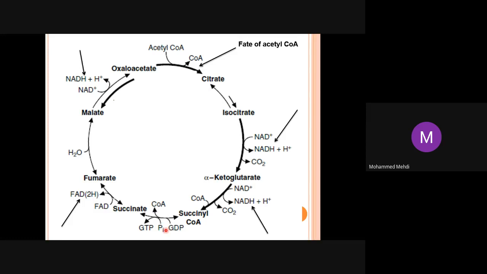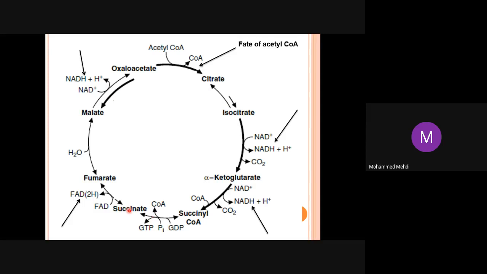Substrate level phosphorylation occurs here. As you know, substrate level phosphorylation occurs by high energy bond breakdown, which releases energy. That energy will be used for the phosphorylation of GDP to GTP. GDP accepts phosphate with the help of high energy bond breakdown in the succinyl-CoA.